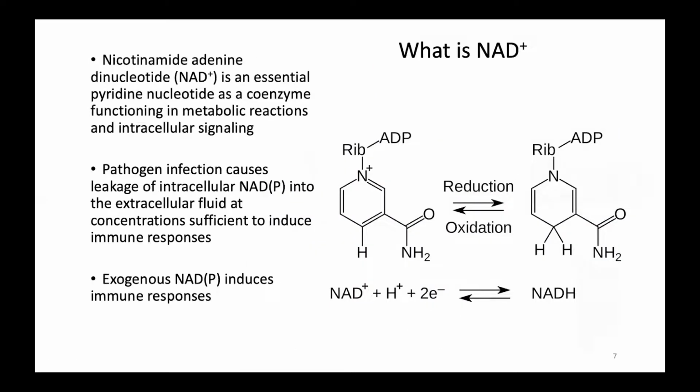Besides working in the human body, it has been recently demonstrated that in plants, intracellular NAD can leak to the extracellular space and induce immune response, and the application of exogenous NAD can also induce immune response, which means NAD can work on disease resistance in plants.